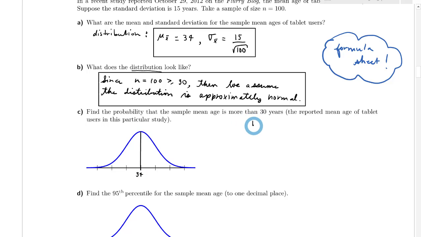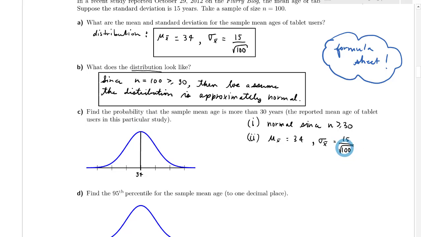Again, we always want those 3 criteria. So we know that the distribution is normal since n is greater than or equal to 30. The second part is going to be the distribution, right? Mu sub x bar, which is 34, and sigma sub x bar, which is 15 over square root of 100.